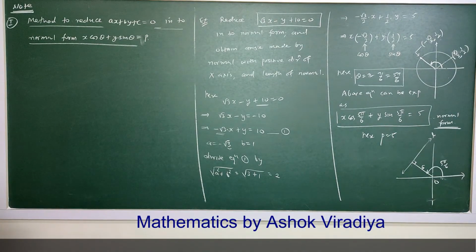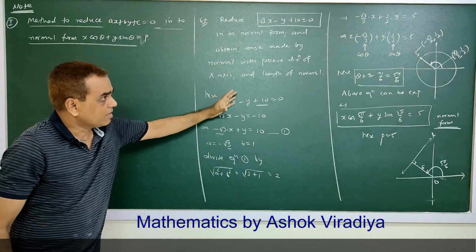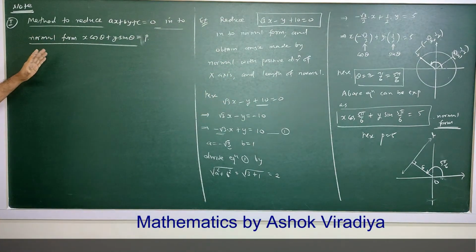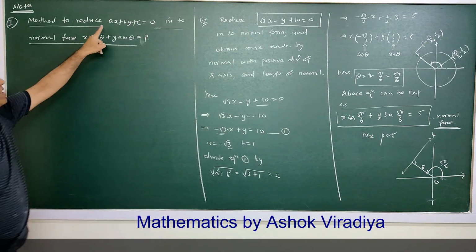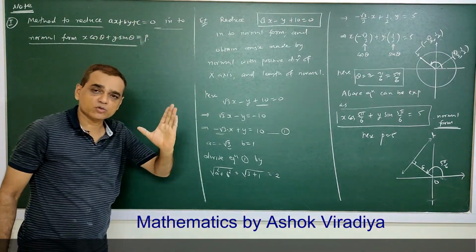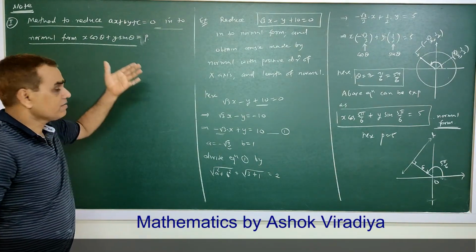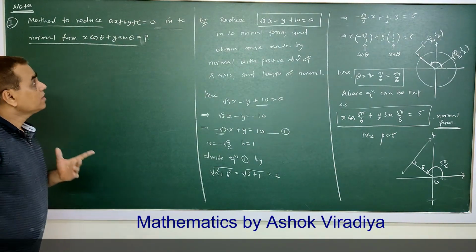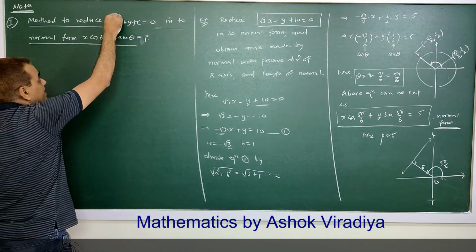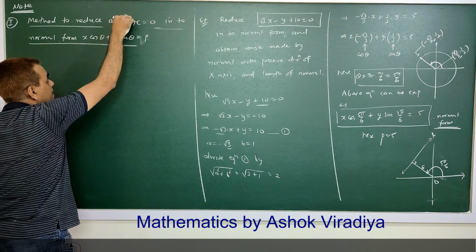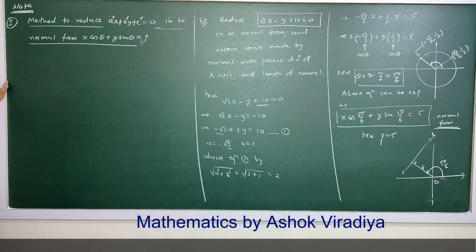Now see, whatever I have explained in this example, I am explaining the procedure in general. If any equation is ax plus by plus c equal to 0, then to convert it into normal form, say I am changing the symbols: suppose I take a dash x plus b dash y plus c dash equal to 0.